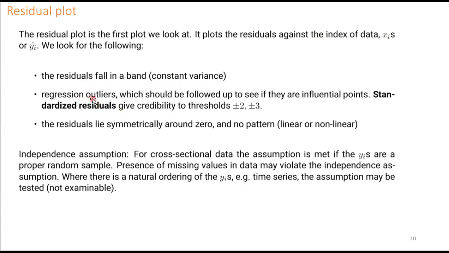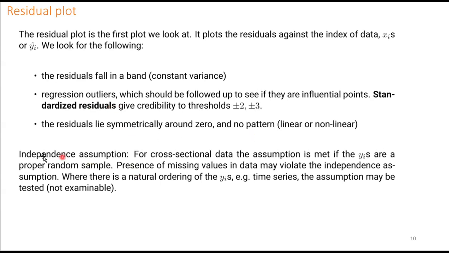We look for regression outliers, and if there are any apparent outliers, we'll follow up to see if they're influential, to be explained today. It's better to plot the standardized residuals, so that they have about unit variance and are comparable, because residuals, even if the model assumptions are satisfied, don't have constant variance.